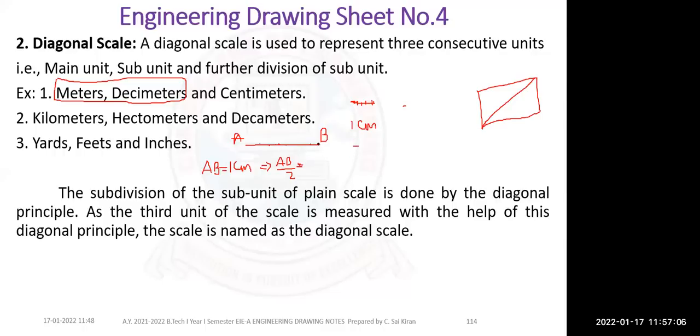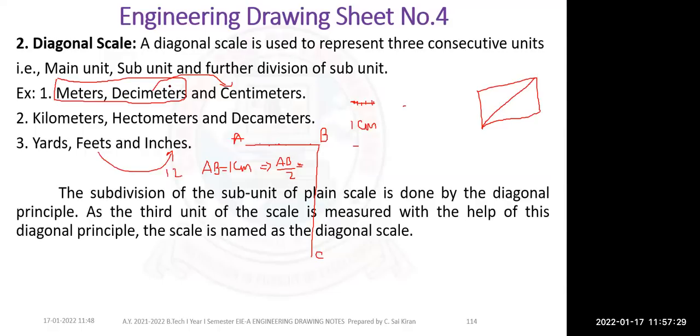In the diagonal principle, I take a vertical line and mark the end point as C. Generally, AB can be divided into 10 equal parts; meters into centimeters is 10 equal parts. If I want to divide feet into inches, I have to divide it into 12 equal parts, depending upon your problem.